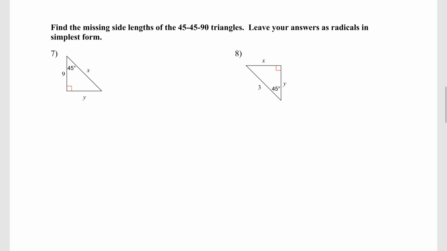Our other type of special right triangle is a 45, 45, 90 triangle. Now, what is special about a 45, 45, 90 triangle is, one, it is an isosceles triangle. Okay, so let us draw out our diagram.